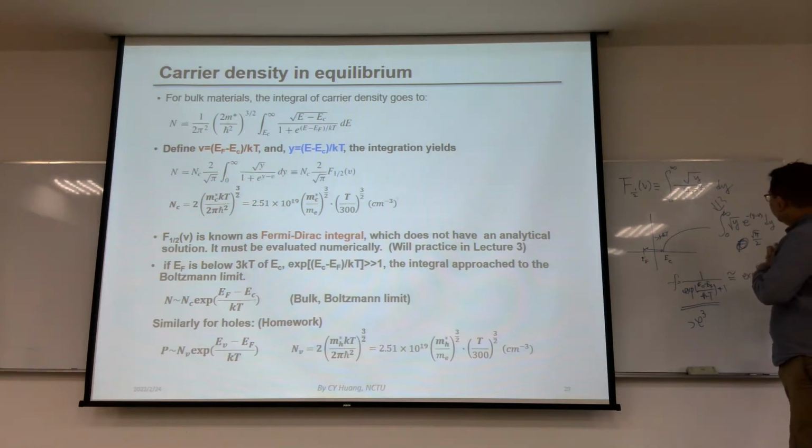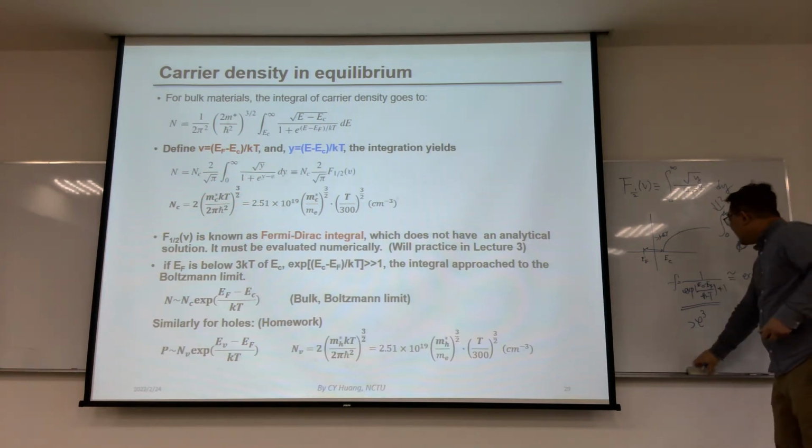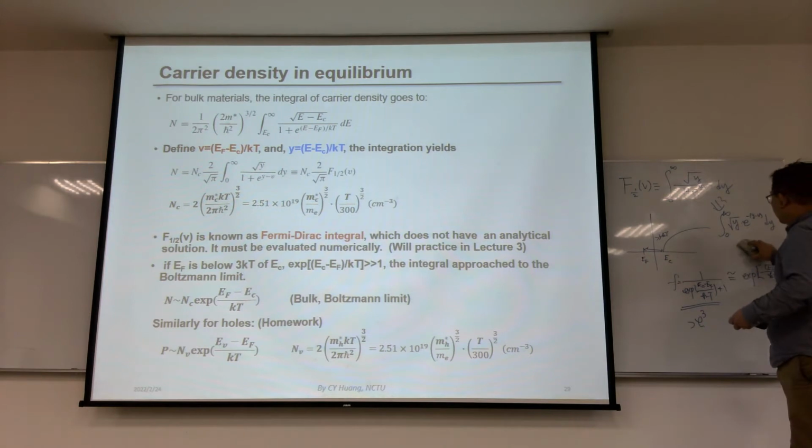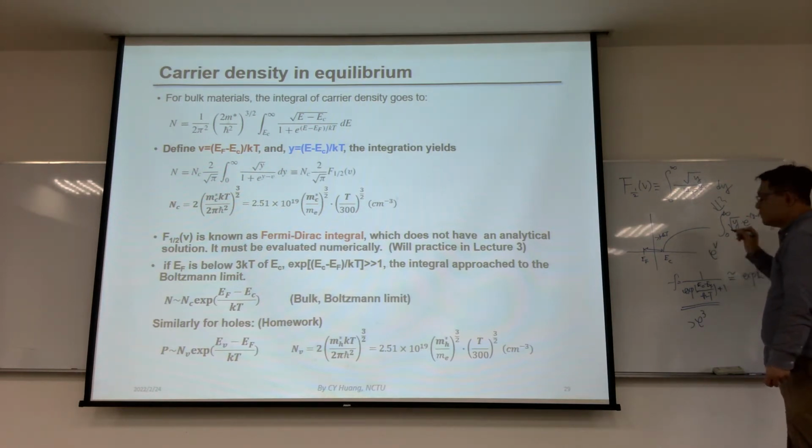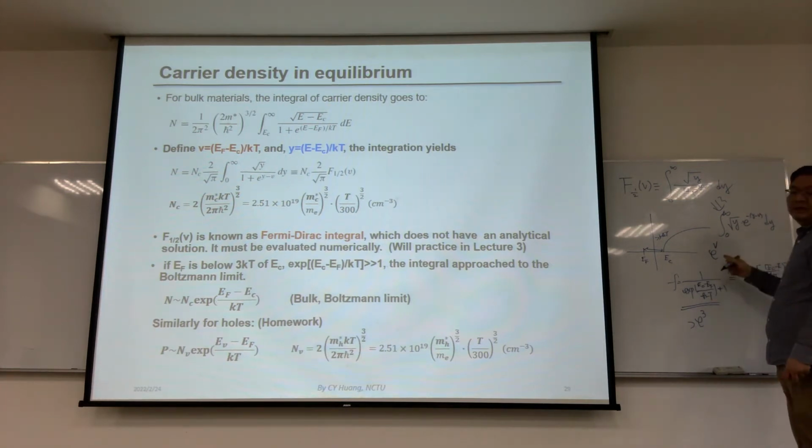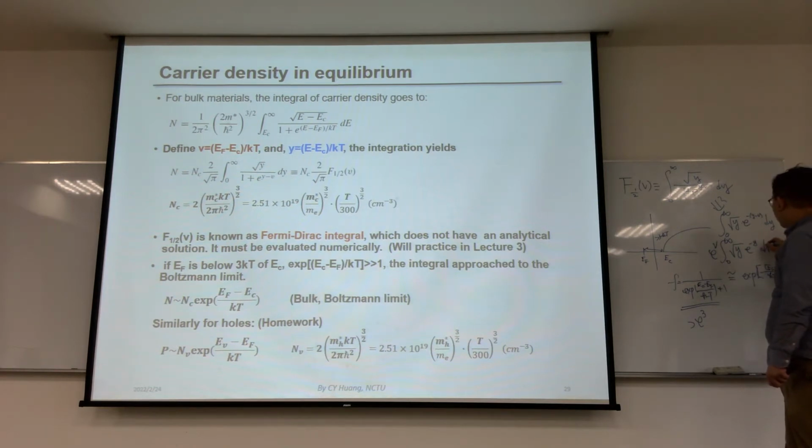Oh, so you need to pull out the terms first. Sorry. In this way, you can further pull out the exponential term of E. Then the integral from 0 to infinity of y times e to the minus y is equal to half of square root pi.